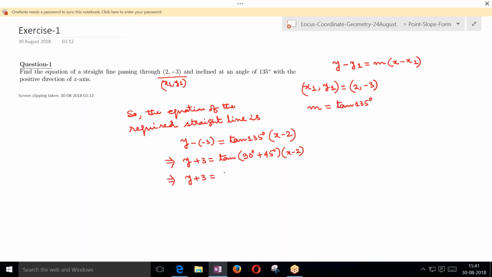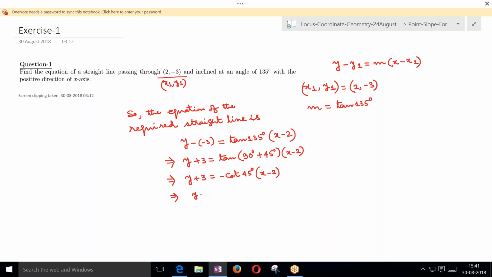So this implies y plus 3 is equal to tan(90 plus 45), that will be minus cot 45 degrees, because 90 is an odd multiple of 90, so it becomes its co-function cot 45 degrees with a negative sign. Why? Because 90 plus 45, which is 135, is in the second quadrant, and in the second quadrant tan is negative, so we are applying the concept of trigonometry here. So cot 45 degrees, we know it is 1.